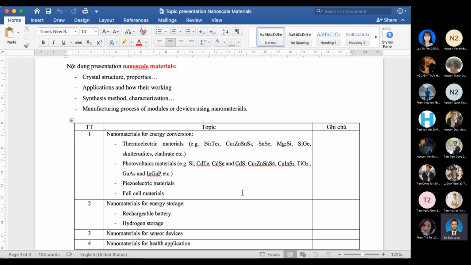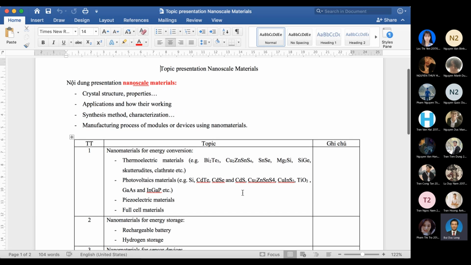So this week, I will show you the content of the presentation and the homework. As I mentioned before, the homework and presentation we will combine in one. Here I give you the requirements, the content you should include in your presentation.